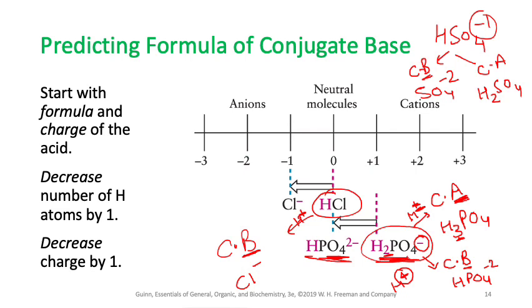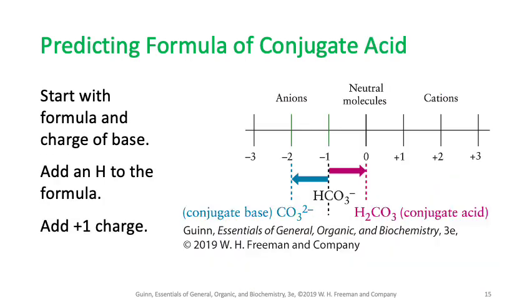So let's go to the next slide and see one more example. If I give you HCO3 negative, and I say write the conjugate acid, what should the conjugate acid be? You put an extra proton there, right? For the acid you put an extra proton, so you're going to get H2CO3, and then you won't have any charge anymore because you are providing an H plus, so it will neutralize.